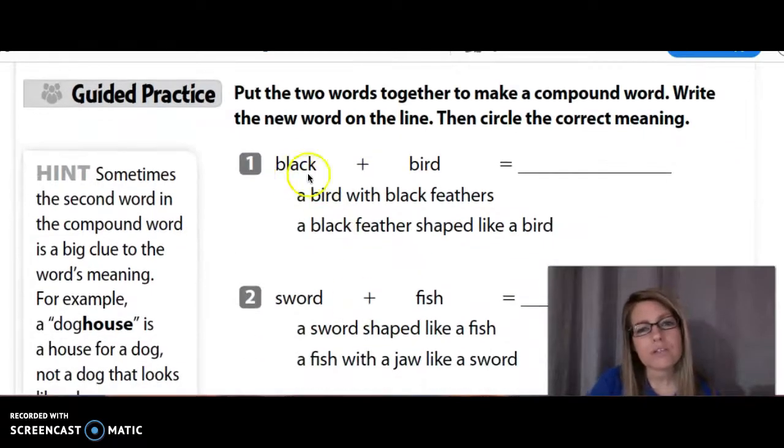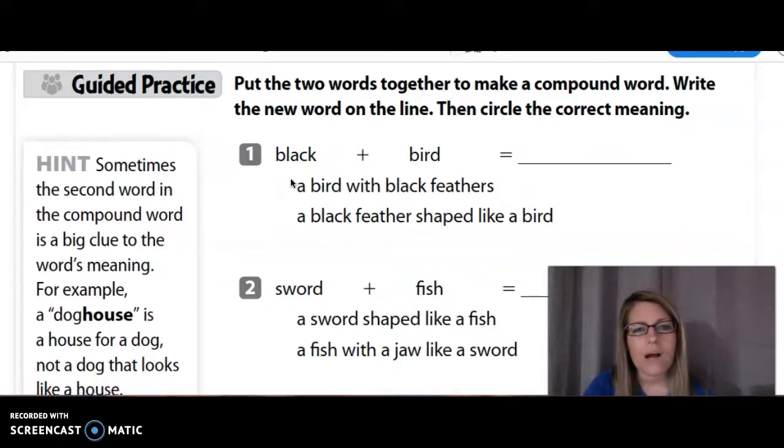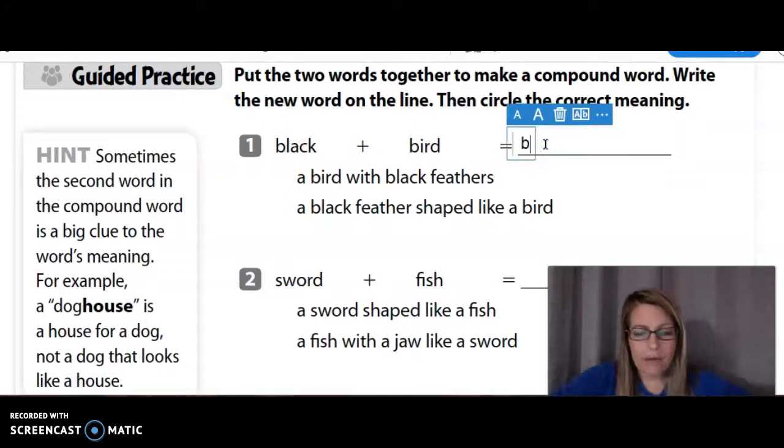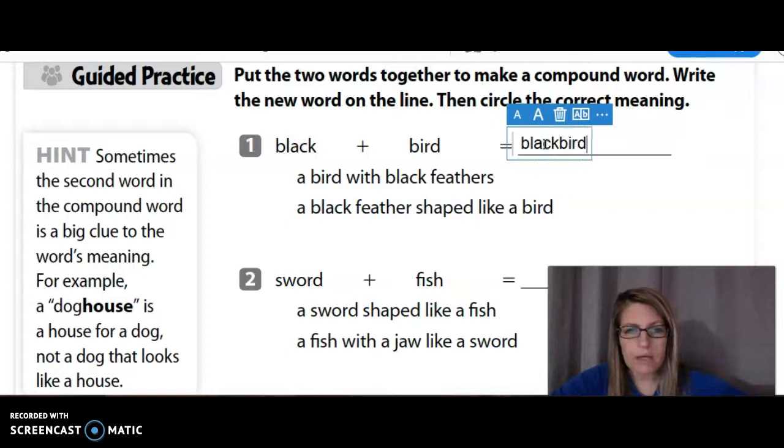Let's put these two words together and then we'll try to figure out what the new compound word is that we made and what it means. All right, let's take a look. Blackbird. Our new compound word would be blackbird.